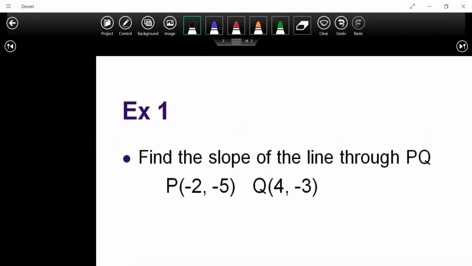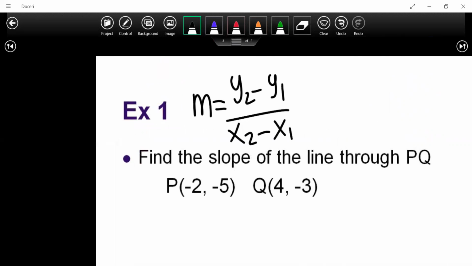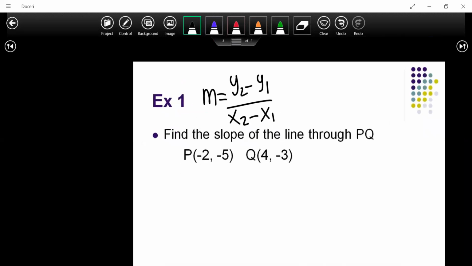We are going to use the equation m is equal to y2 minus y1 over x2 minus x1. If you're not good with subtracting, I highly recommend you do it this way. I'm going to label my points x1, y1, x2, y2.